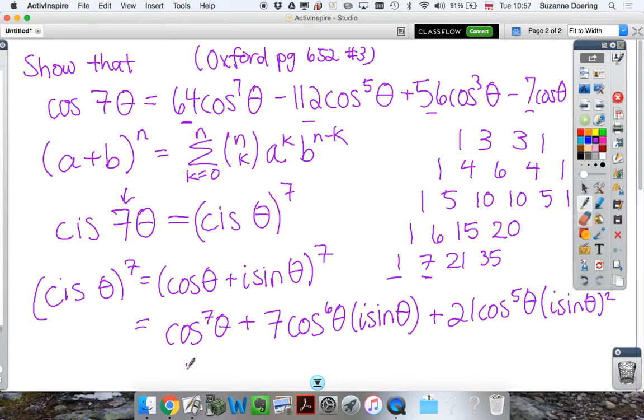And I'm just going to continue all of my terms here. We have 21, 35. Cosines now to the 4th power. i sine is to the 3rd. Another 35.